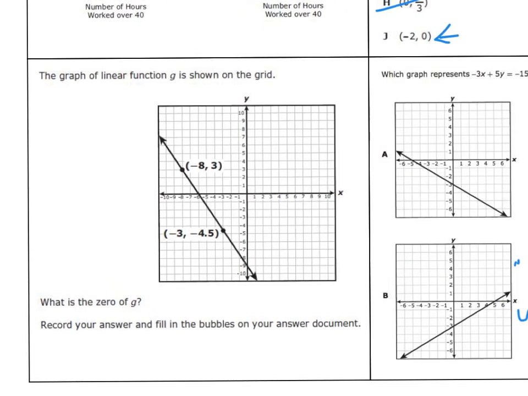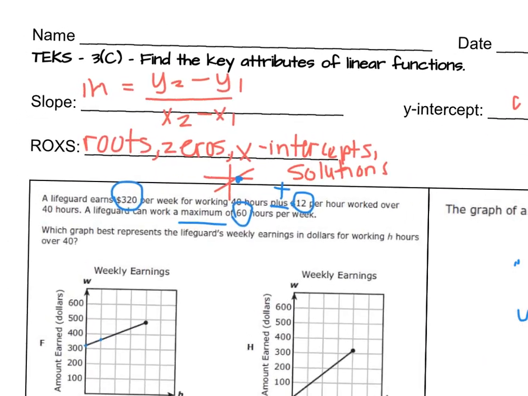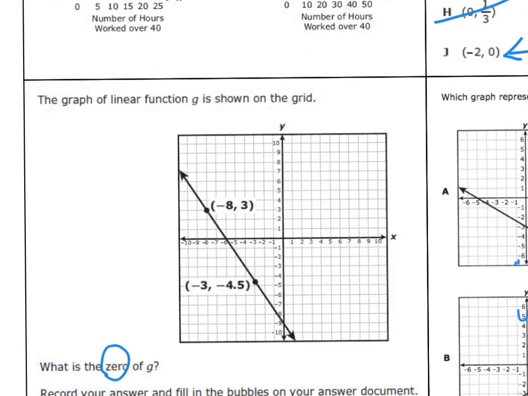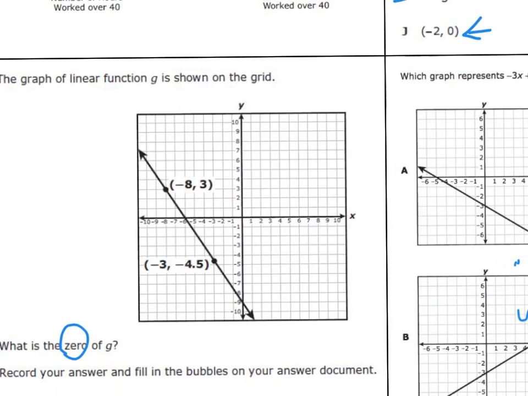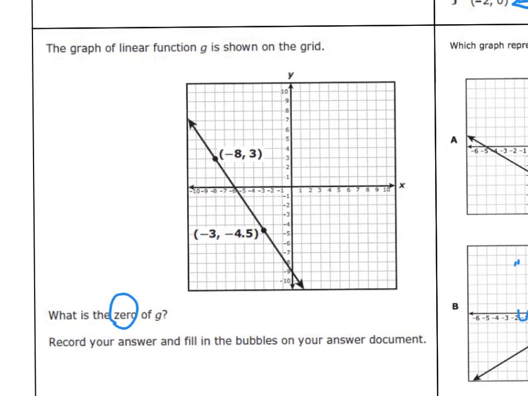Let's look at the third question. The graph of the linear function G is shown on the grid. What is the 0 of G? Now remember, up at the top we did our notes. Another word for 0 is x-intercept. So where is it on the x-axis? We have two coordinates given to us on this graph, but neither one is actually the x-intercept.